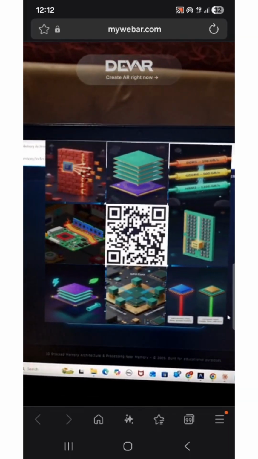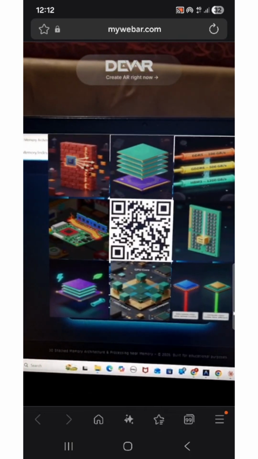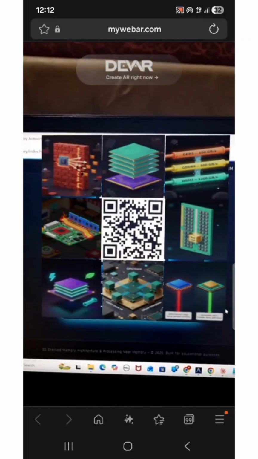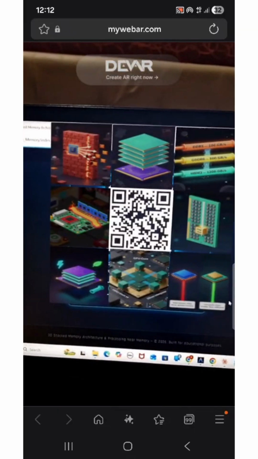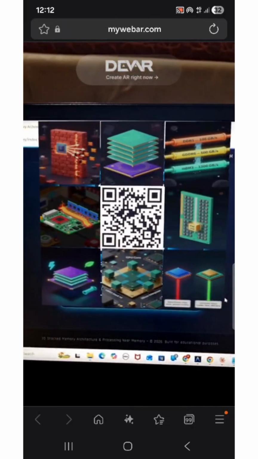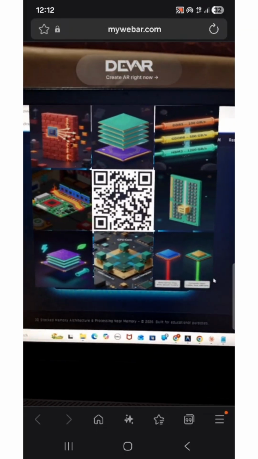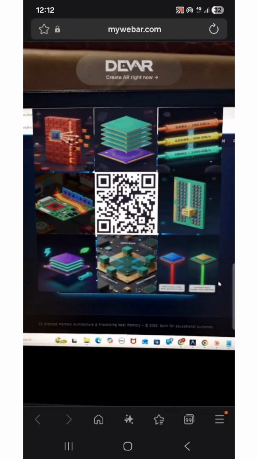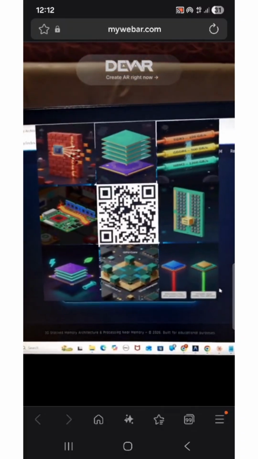In the first image you can see the issue we have been talking about, which is the distance between our memory and processor. The second image, the top left image, shows that problem. Then at the top center we use the 3D stack.